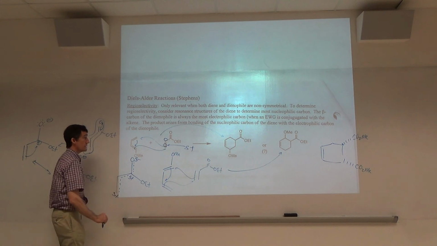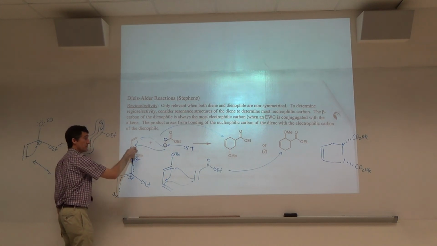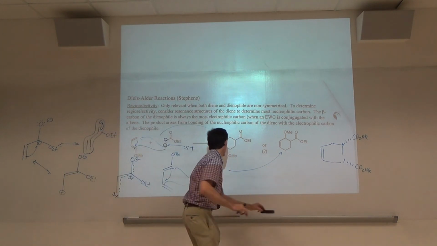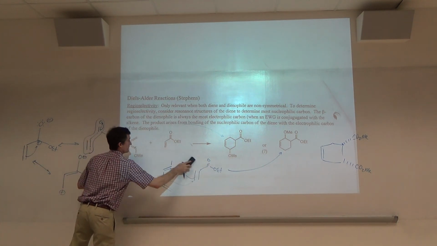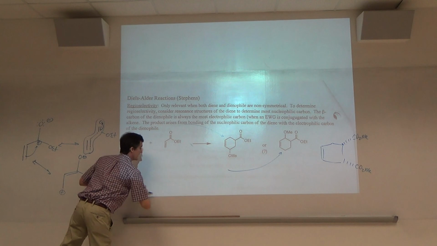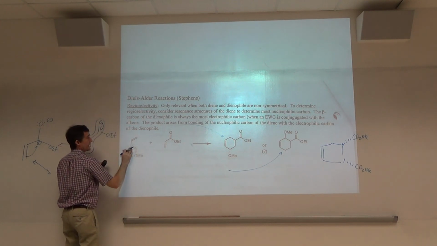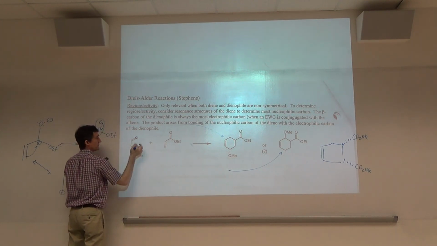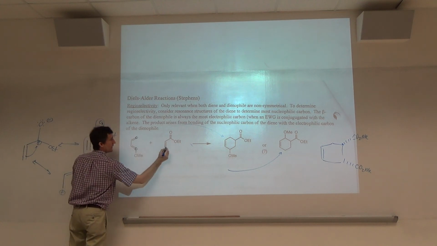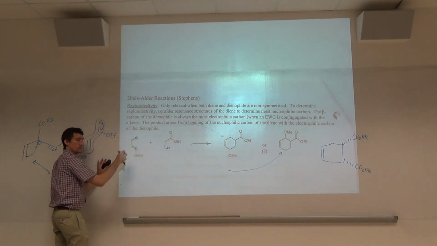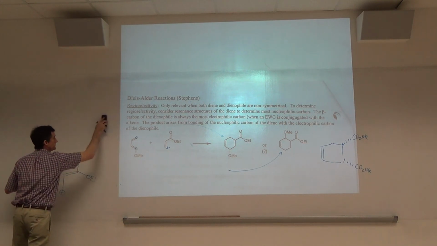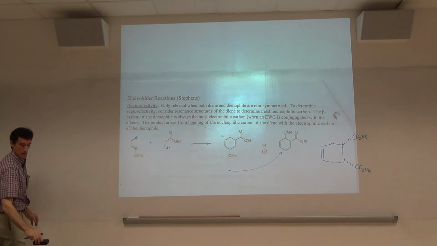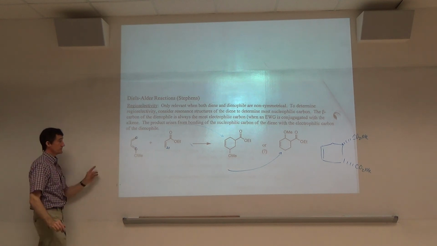We just need to do the same thing over here. Draw resonance structures of this guy. Let's identify, now it's either this carbon or this one, because those are the ones that react. We know that's partial plus. Which one is partial minus? Well, here we need to do resonance structures.